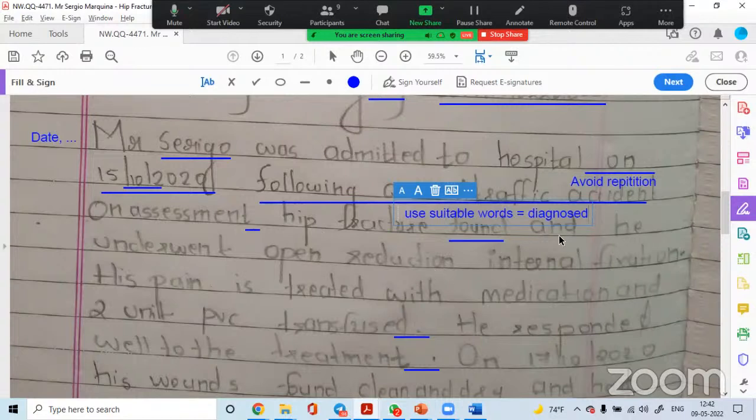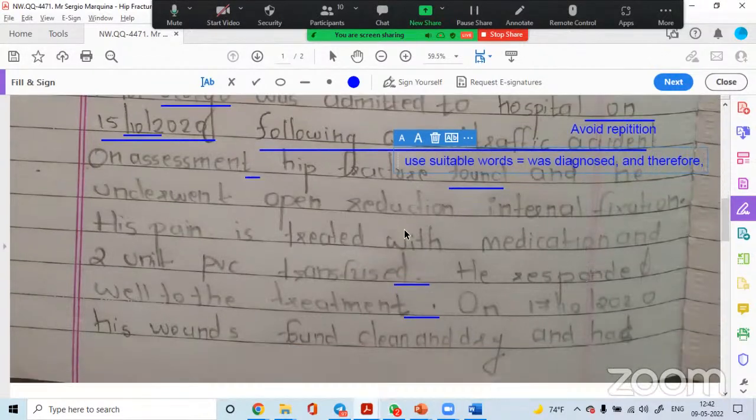Okay, and therefore, you can use the word therefore. He was diagnosed, and therefore, comma, he underwent open reduction and internal fixation.